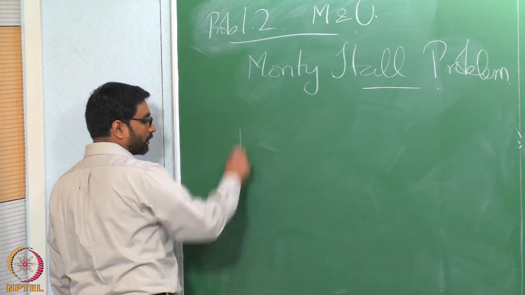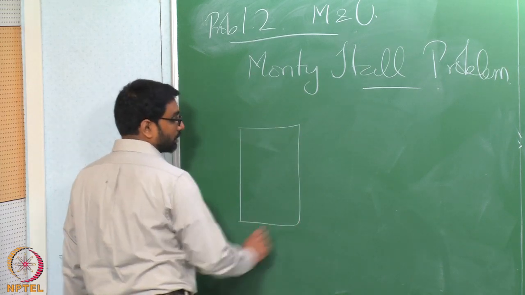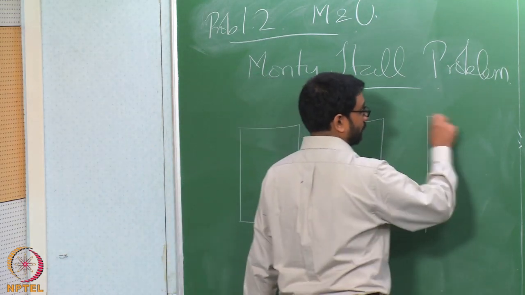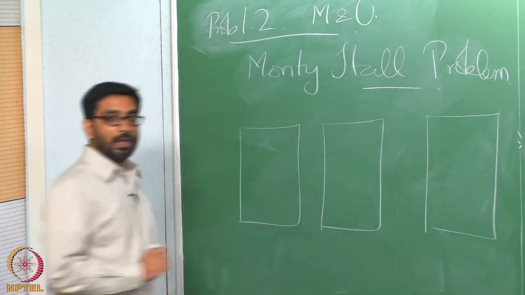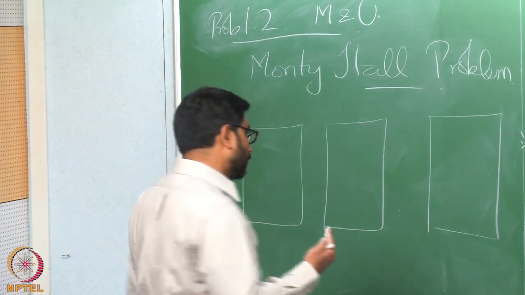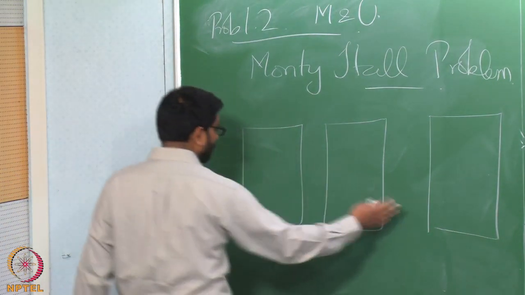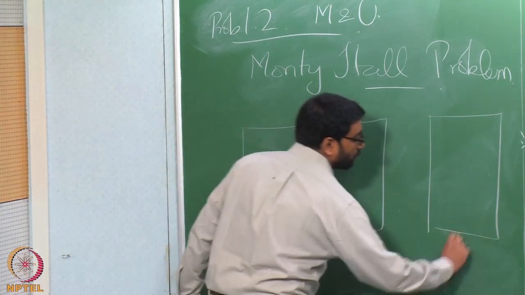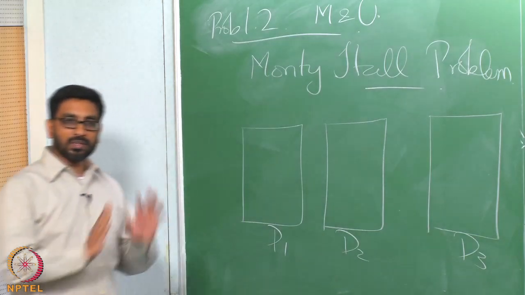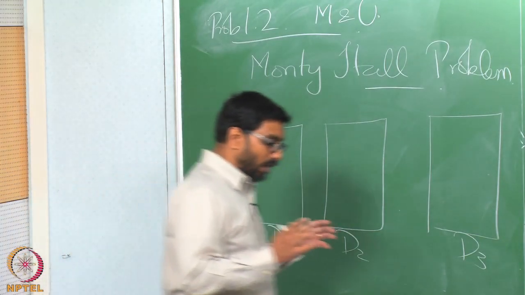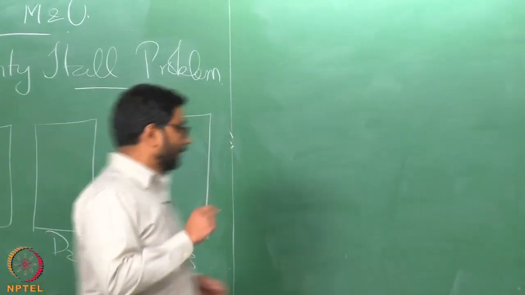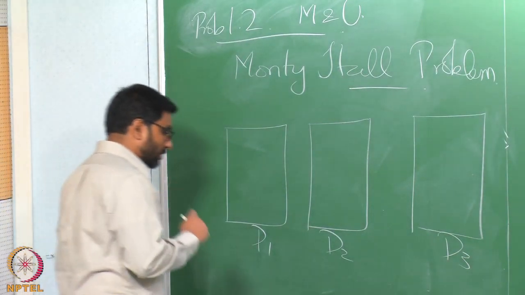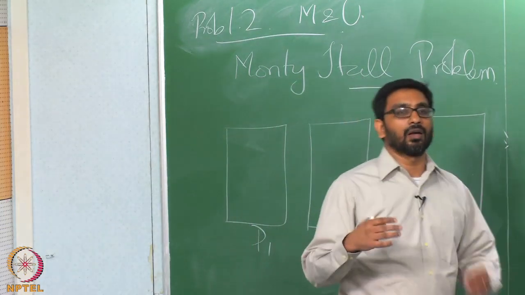There are 3 doors, D1, D2, D3. What you know is that behind one of these doors is a special prize, let us say a car, and behind the other 2 doors there is something a lot less desirable.